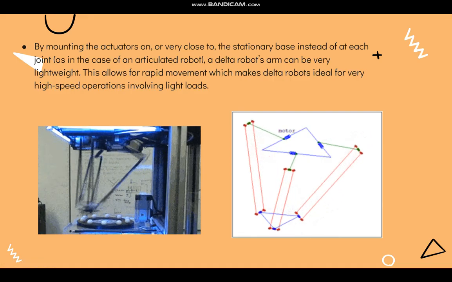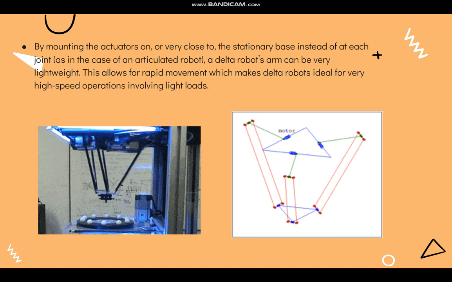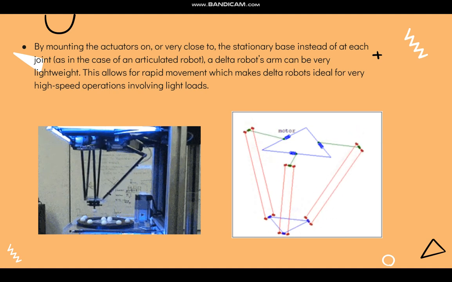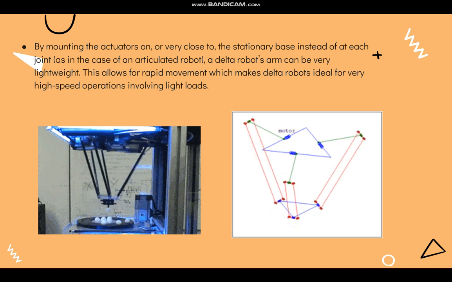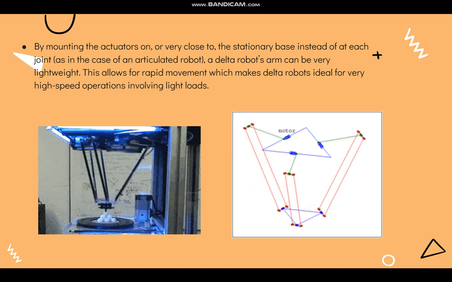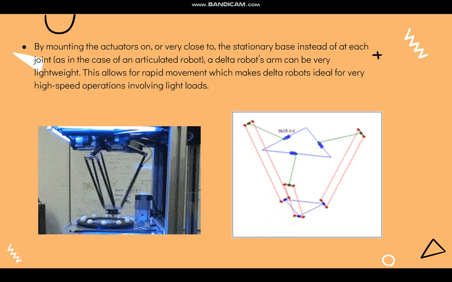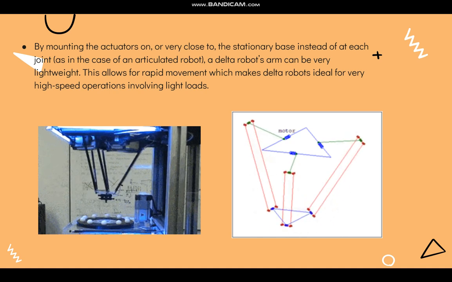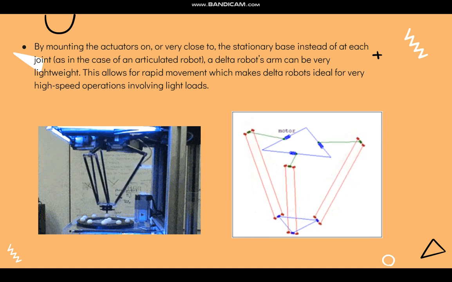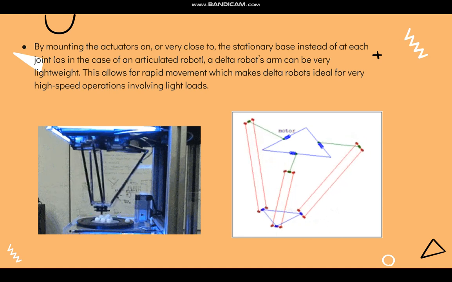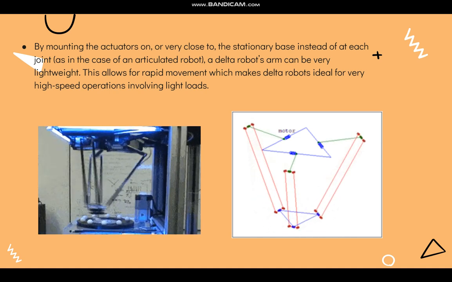By mounting an actuator on, or very close to, the stationary base instead of at each joint, as in the case of an articulated robot, a Delta robot's arm can be very lightweight. This allows rapid movement, which makes Delta robots ideal for very high-speed operations involving light loads.